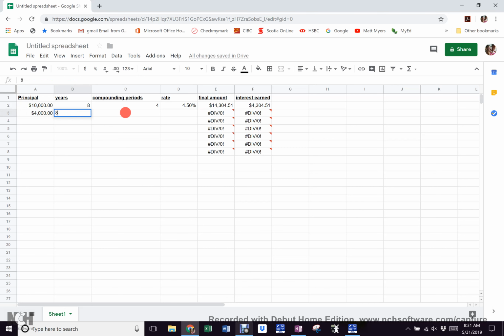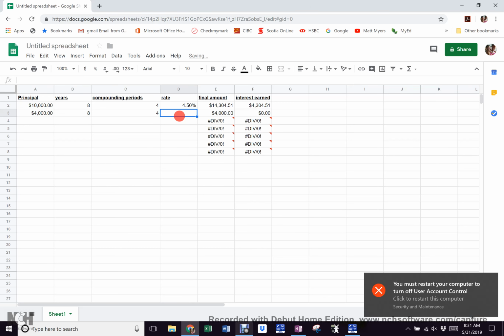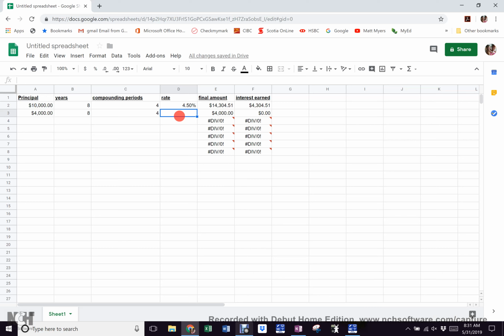What's our compounding periods? 4. What's our rate? Page 196, number 1. What's our rate? 3.5. That should be the answer that you have on your page.